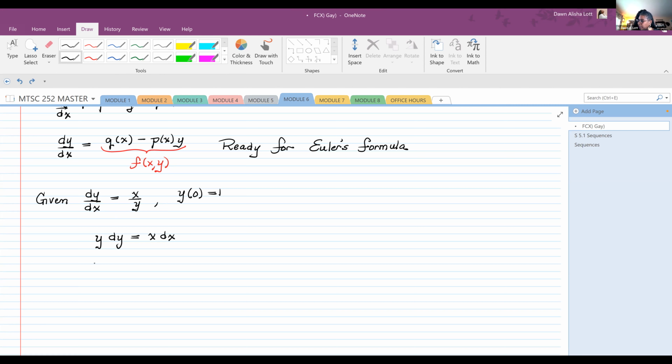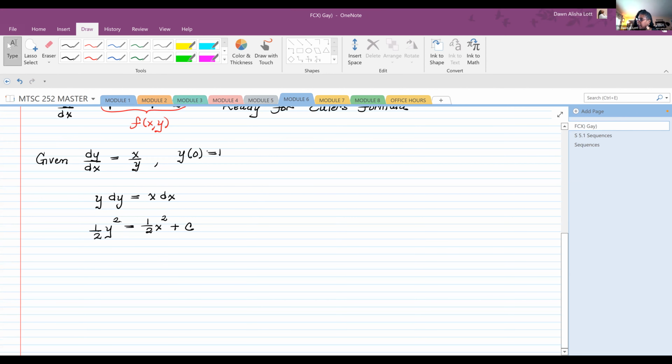So now integrate, and I get 1/2 y squared is equal to 1/2 x squared plus a constant. So when x is 0, y is 1. So I get 1/2 times 1 is equal to 0 plus c. So c is equal to 1/2.